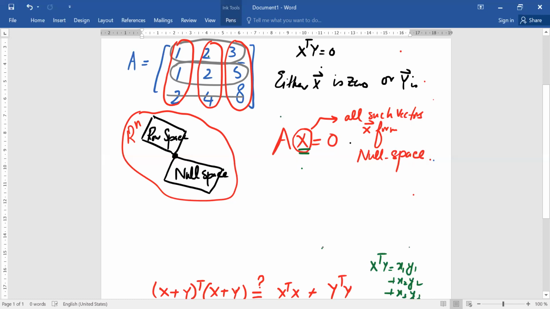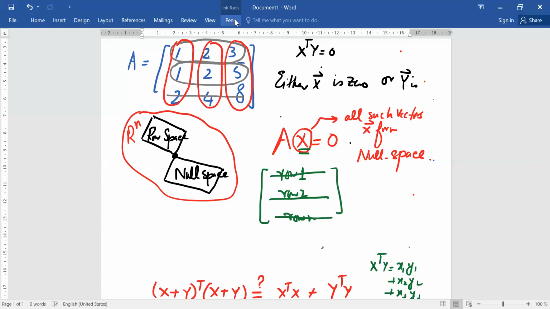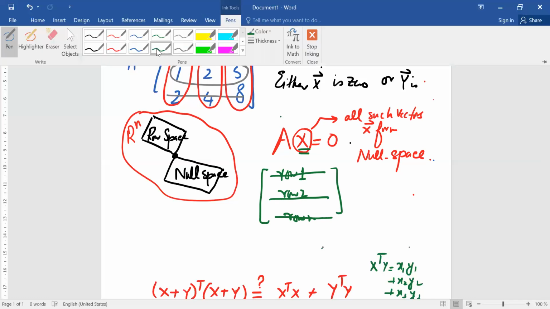Now let's look at it in a more generic case. Here is our row 1, then we have row 2, and let's say this is our row M. There are M rows because we have an M by N matrix.